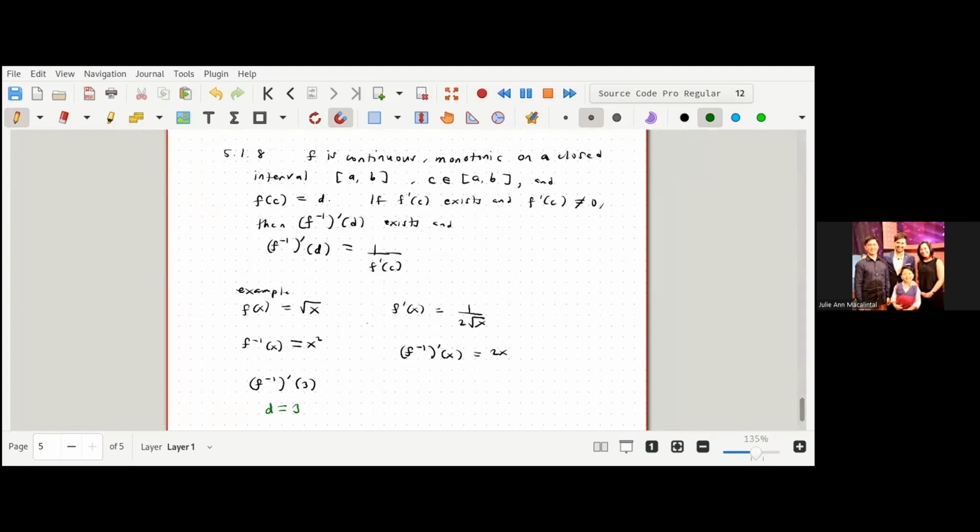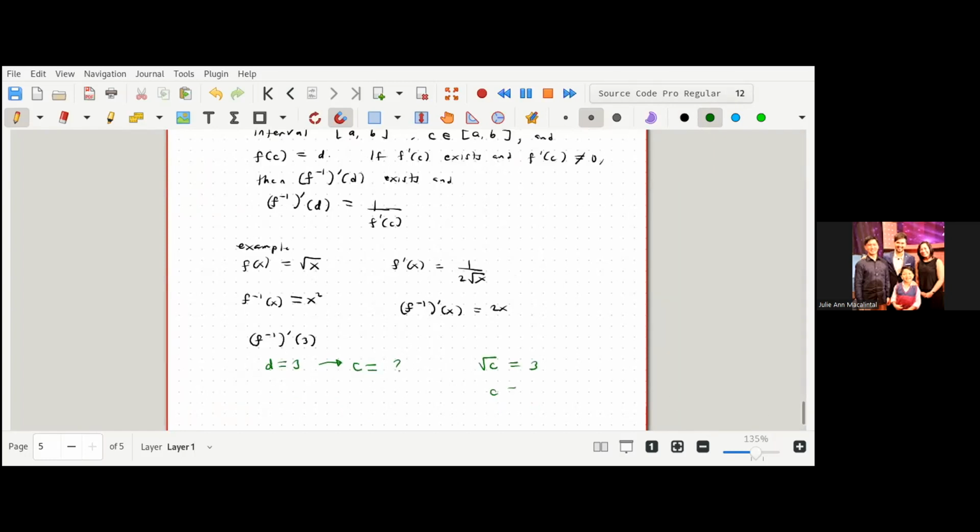So, what is c? f of c is equal to d. So, to find c, square root of c is equal to d, which is 3. Or c is equal to 9.